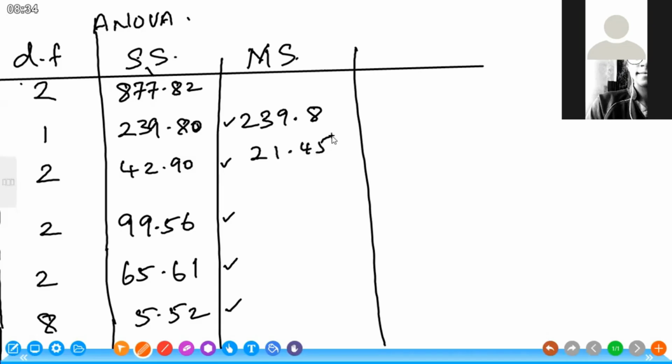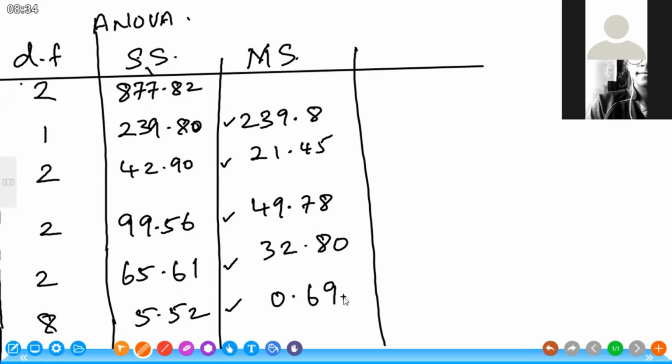What about nitrogen mean square? 49.78. What is the interaction mean square? 32.80. The last one, error B mean square? 0.69. Right, so these are the mean squares that you need to calculate.